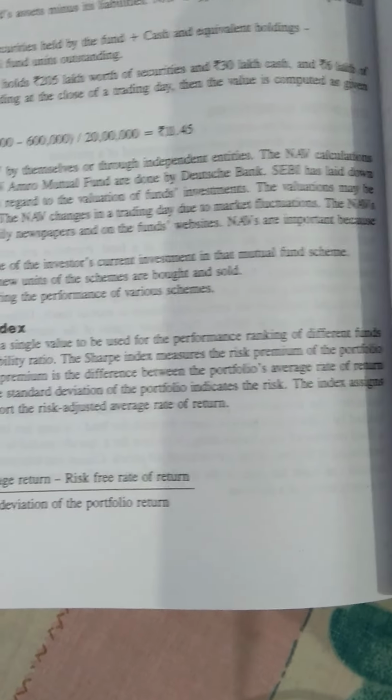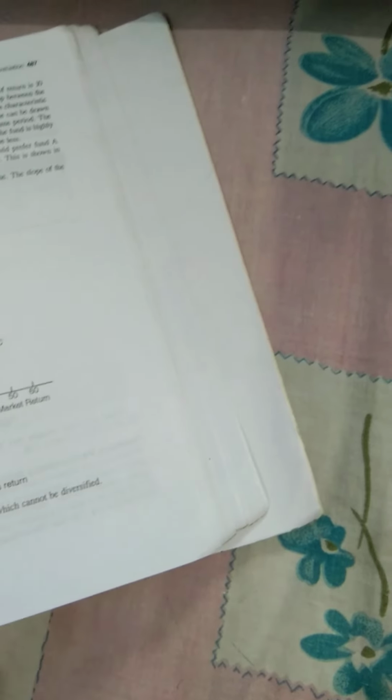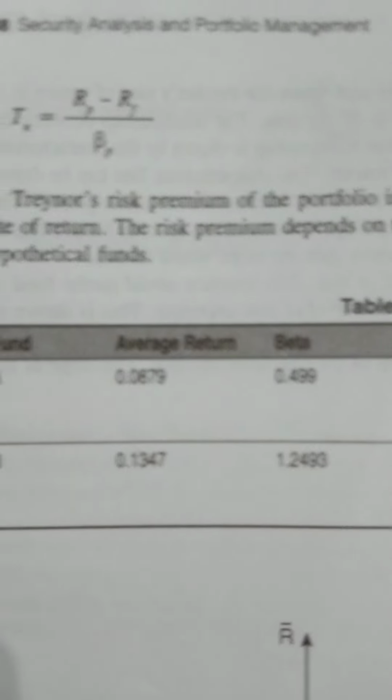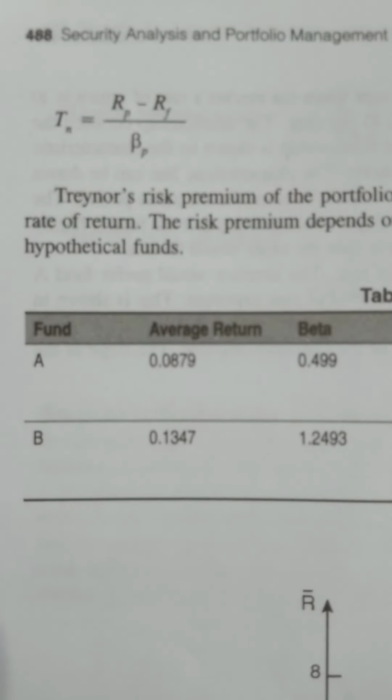Then we move on to the Treynor ratio. In case of the Treynor ratio, the formula is like that. What is the formula? Rp minus Rf by beta p.